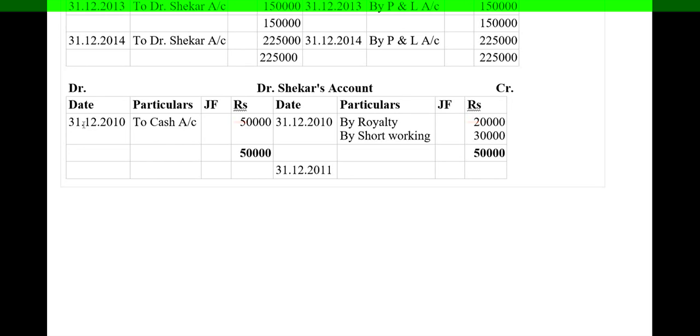Then on 31st/12/2011, when the royalty is payable, the entry will be again the same: royalty account debit, short working account debit to Dr. Shekhar's account. So Dr. Shekhar's account is credited by royalty account and by short working account.